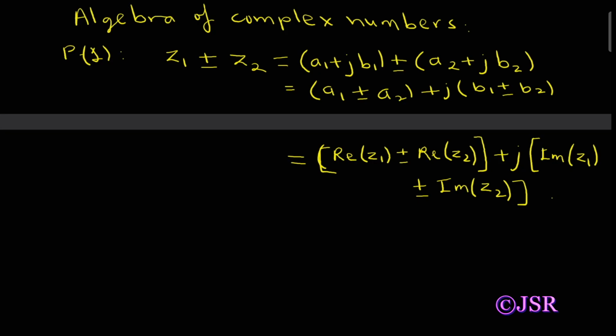So the addition and subtraction of two complex numbers can be found as such.